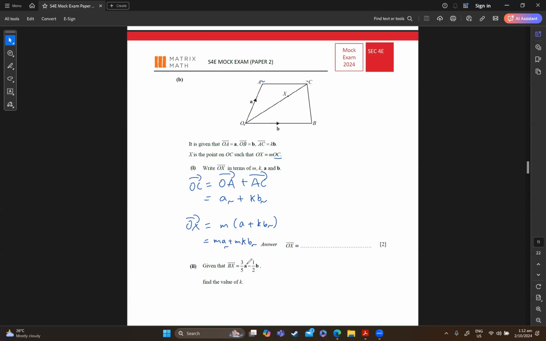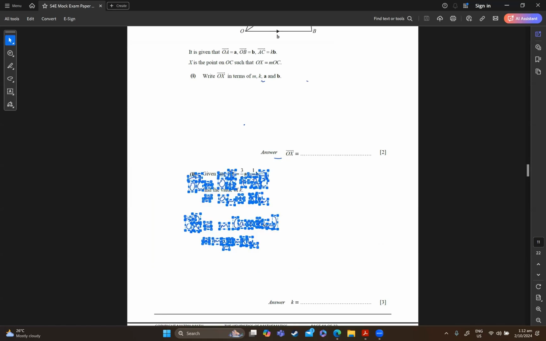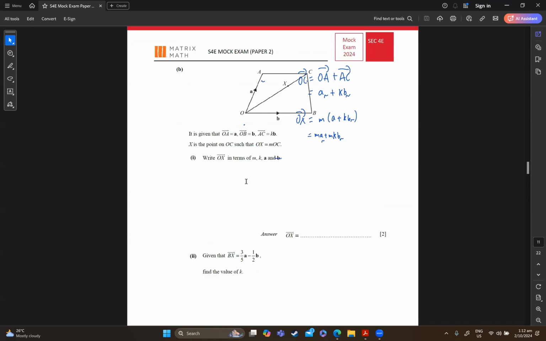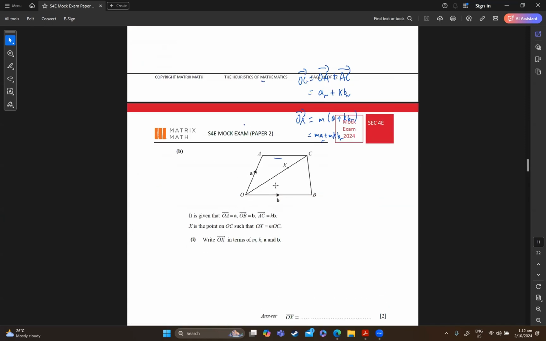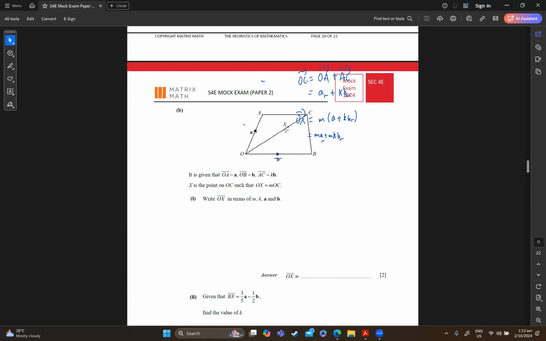Okay, so part 2, given that BX equals 3 over 5 A minus B, find the value of K. Okay, so how do you travel from B to X? So if you observe this diagram here, right, to travel to BX, you can go from BO then to OX.